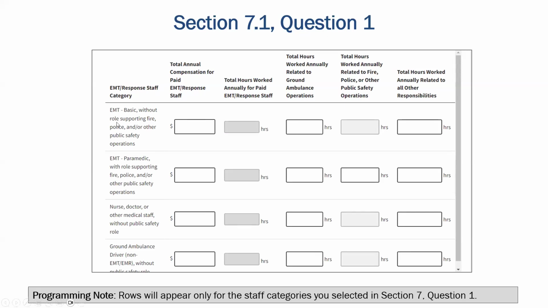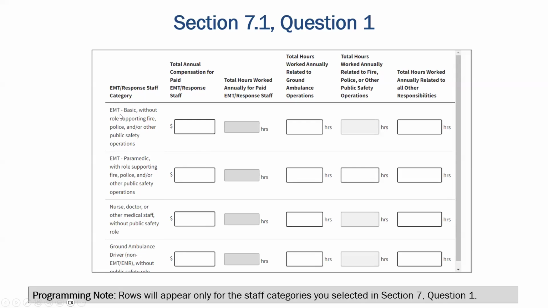There's a set of rows going down your screen, and these rows are specific to the labor categories in the broad paid EMT response heading that you selected in your organization back in the very first Section 7 question. So in other words, there's another good example of the GADCS adapting to your earlier responses to only ask questions later on that apply to your organization.